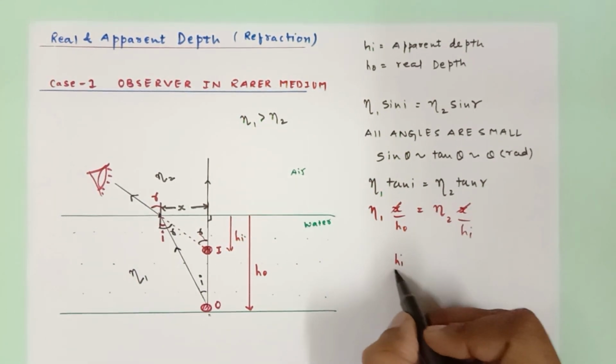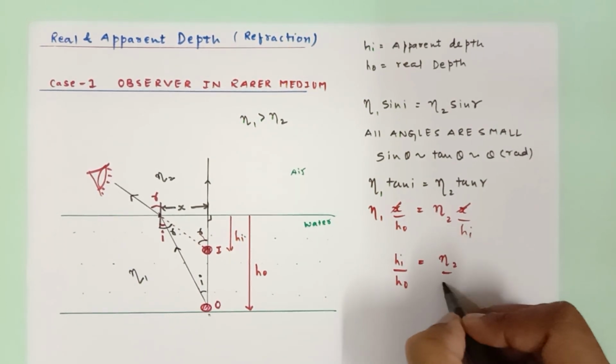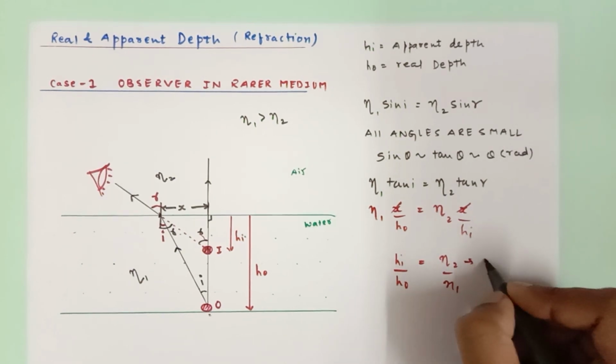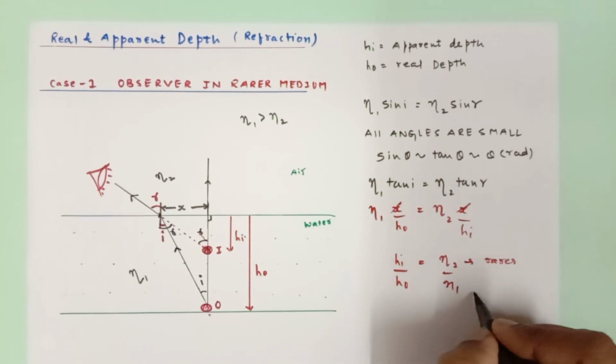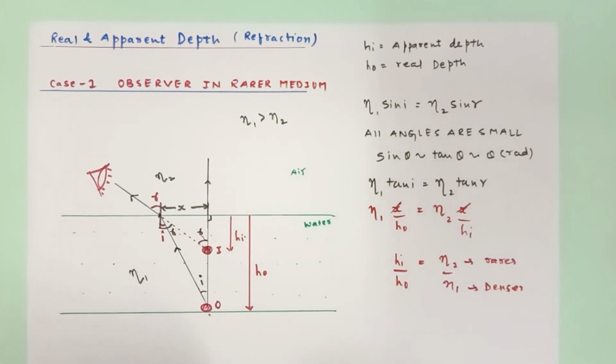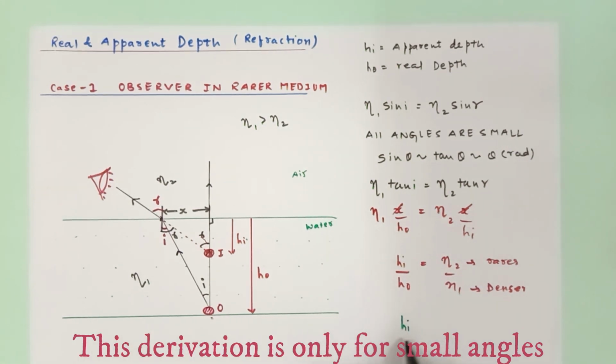So we get the relationship HI upon HO is equal to eta 2 upon eta 1, where eta 2 is the rarer medium and eta 1 is the denser medium, people. Correct? So we have obtained a very important relationship: HI upon HO is equal to eta 2 upon eta 1.